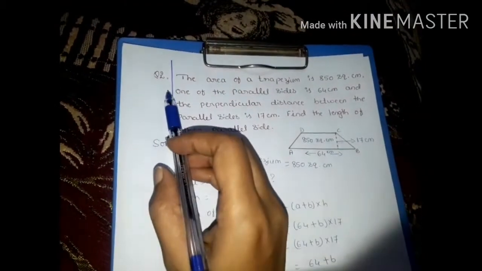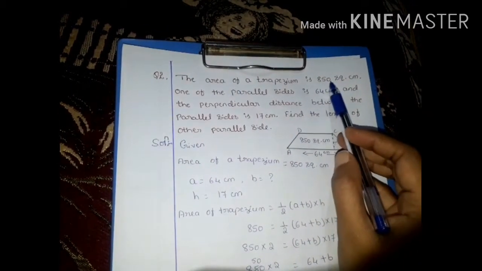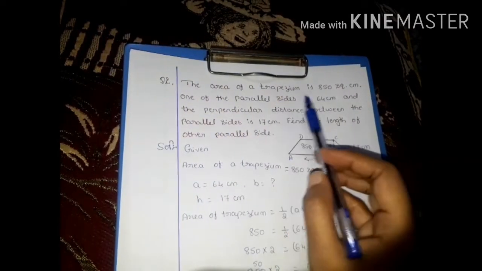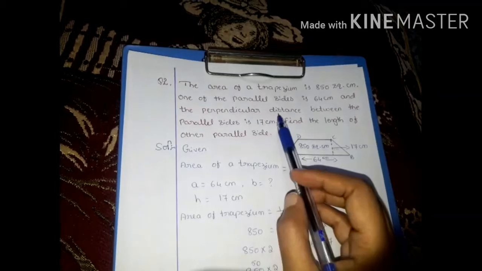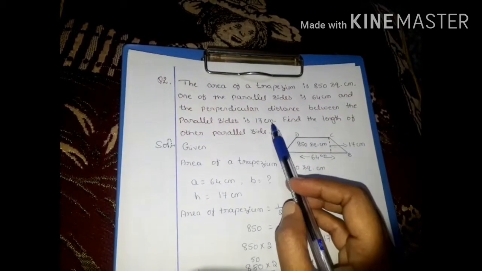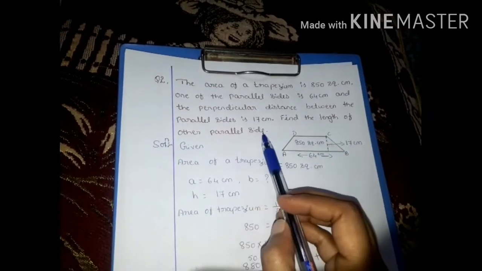Question number 2. The area of a trapezium is 850 square centimeter. One of the parallel sides is 64 centimeter and the perpendicular distance between the parallel sides is 17 centimeter. Find the length of the other parallel side.